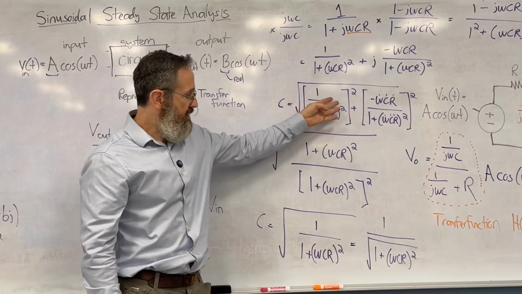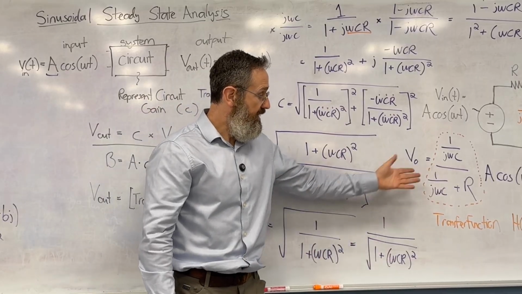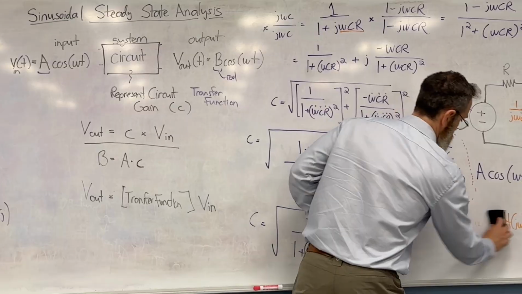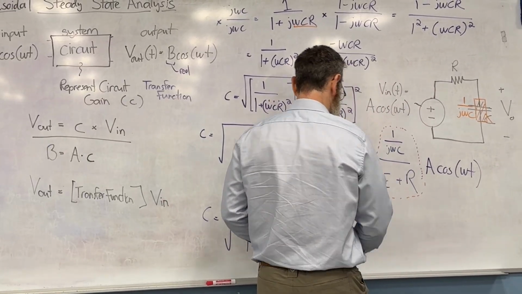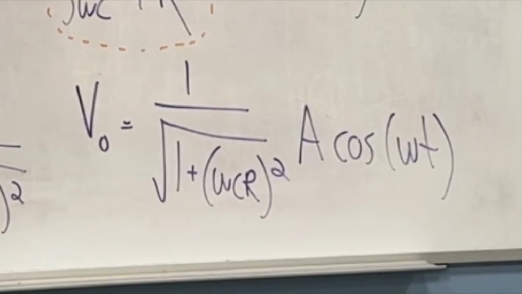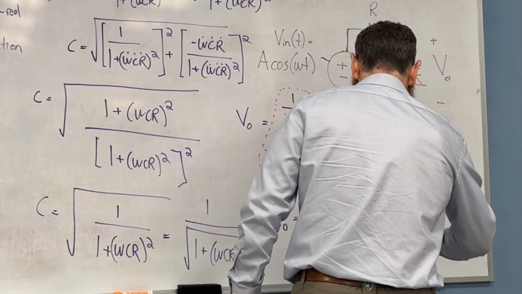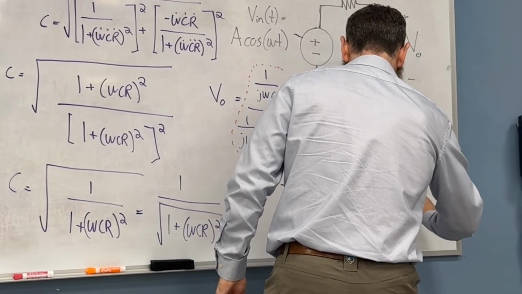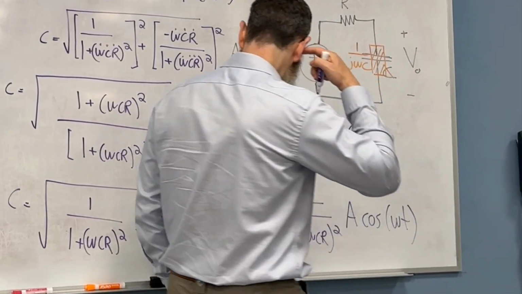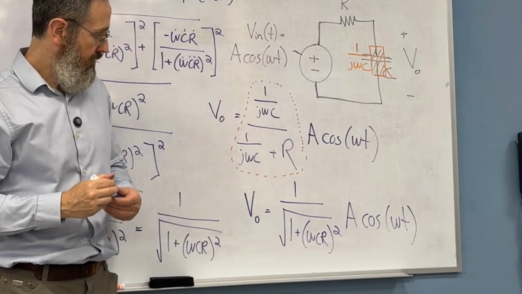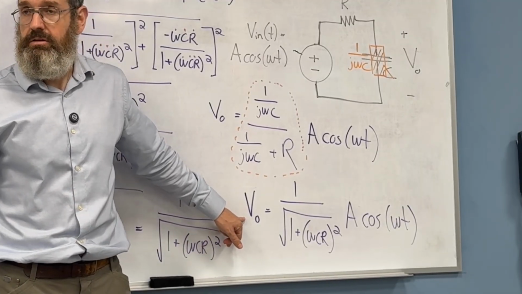But this and this and this are all the same, and by simplifying it, now I can write V out is equal to 1 over the square root of 1 plus WCR squared times A cosine of WT. And this is the answer.